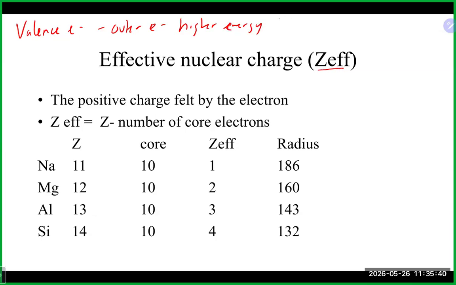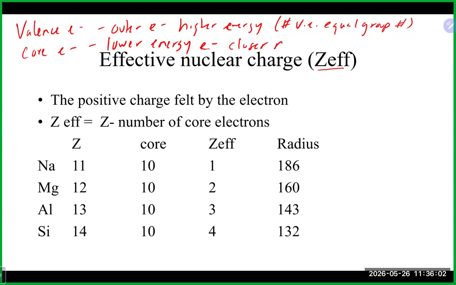And the number of valence electrons, as you hopefully remember, is equal to the group number on the periodic table. And then there are core electrons, which are lower energy electrons, often closer to the nucleus.